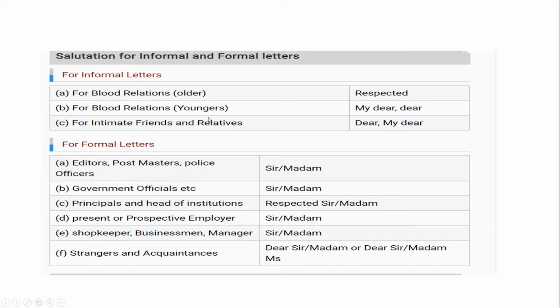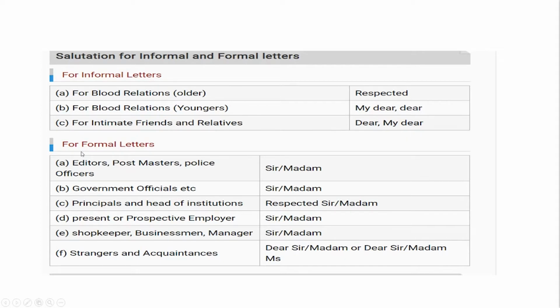For blood relations who are younger than you, you have to write my dear or dear. If the person is your friend or relative, then you have to write dear or my dear.